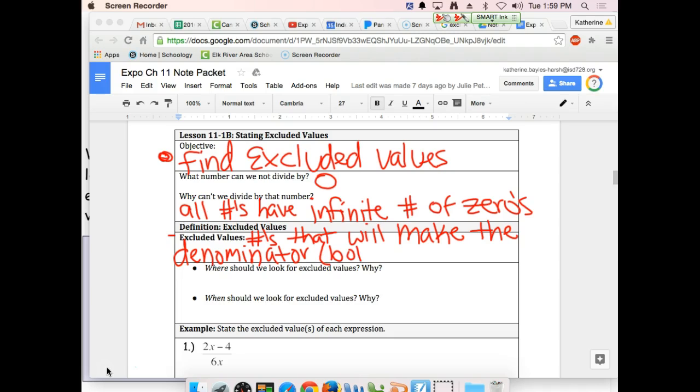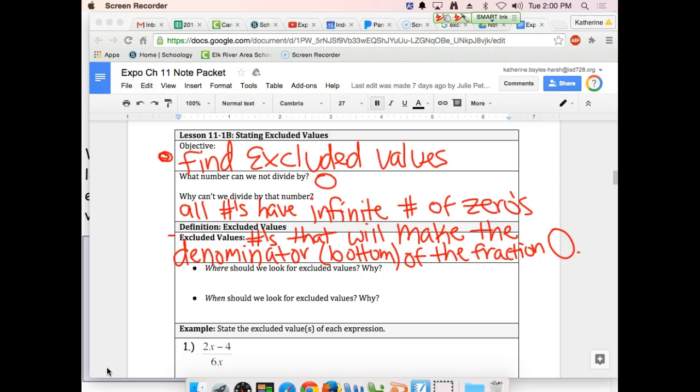Reminder, that's the bottom of a fraction. So today we're looking for numbers, or letters, but mostly numbers, that make the bottom of our fraction 0. We don't want those, so we consider those to be excluded values.